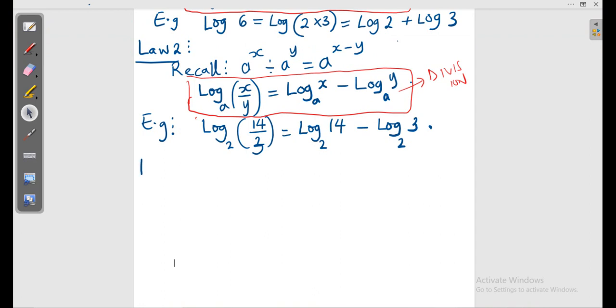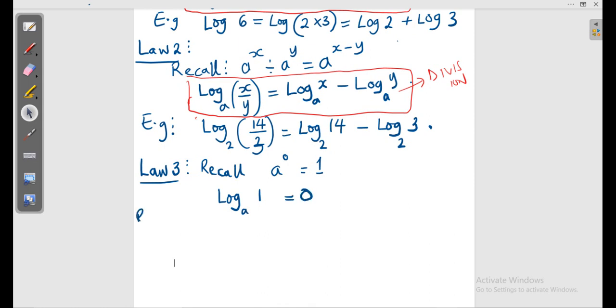Call this law 3. Can we as well recall that a raised to power 0 is 1. Therefore, in logarithm, log 1 base a equals 0.